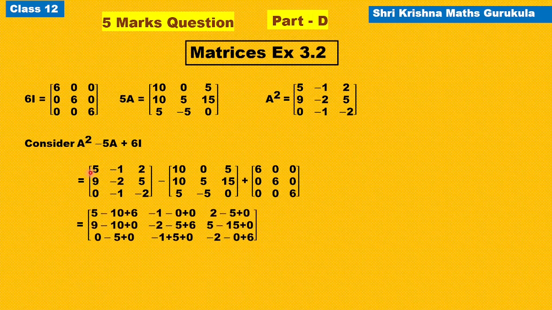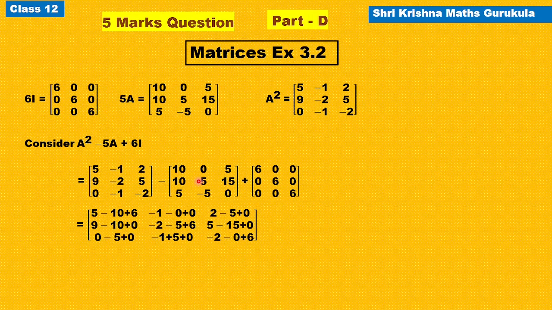That is 5 minus 10 plus 6. Minus 1, here it is. Minus 1 minus 0 plus 0. This is what it is. Now 2 minus 5 plus 0. 9 minus 10 plus 0. So this is the term.